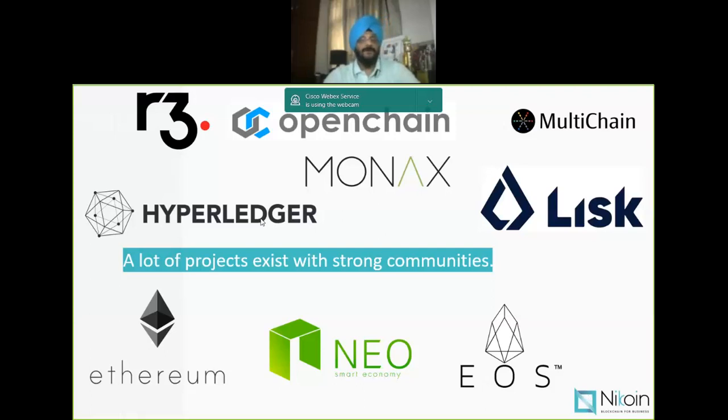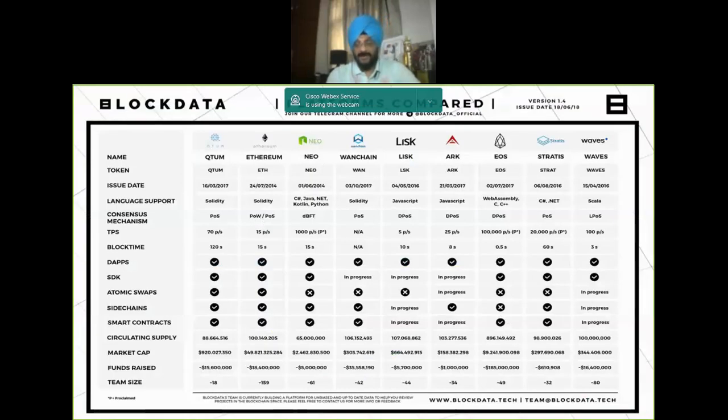Here I've tried to give you a snapshot of different blockchains: when they came into being, what language support they use, what consensus mechanism they use, the size of their team, the funds raised, and the market cap.